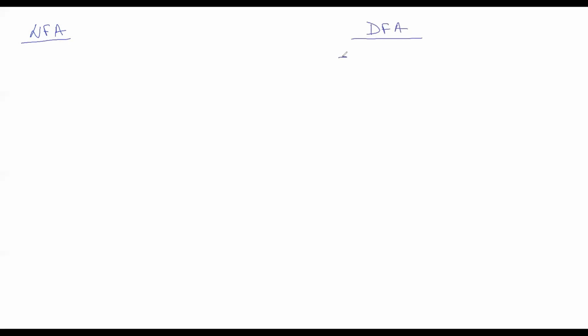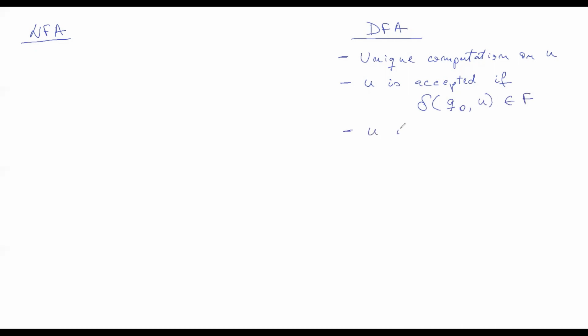So in DFAs, a unique computation on the input word u, and you would say u is accepted if the unique computation on u would bring you to a final state, and you would say that u is rejected if this unique computation brings you to anywhere else but a final state.